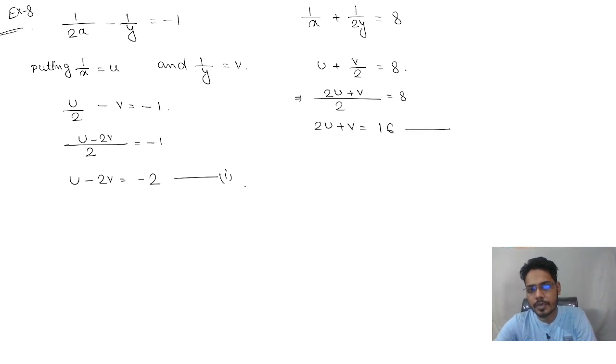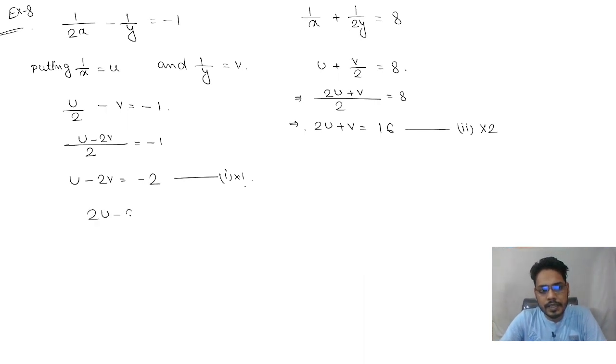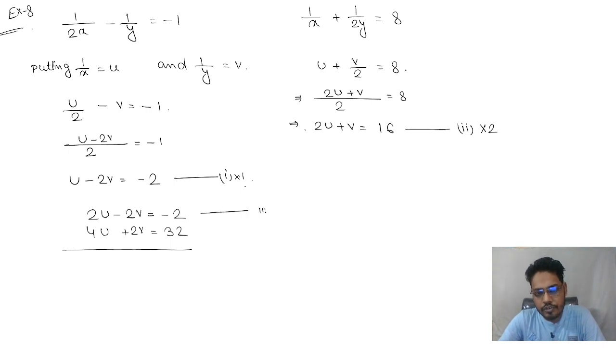That will be equation number 2. Now multiply this with 2, multiply with 1. What you will get? 2u minus 2v is equals to minus 2. So 4u plus 2v is equals to 32. Now it will be equation number 3 and equation number 4.